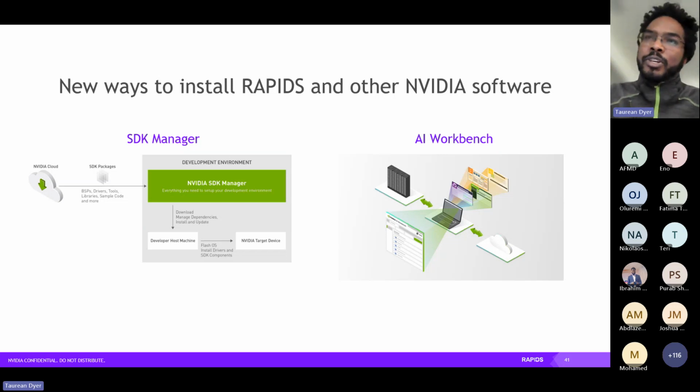SDK Manager gives you a graphical user interface so you too can just quickly get through and install RAPIDS. This is upcoming within the next week or so. We will let y'all know when that is fully released and you're able to partake.